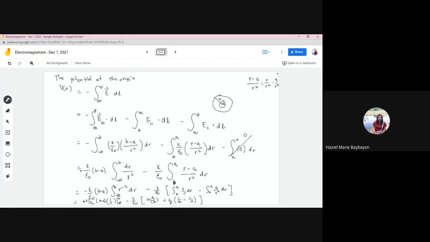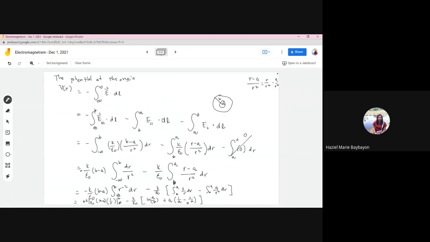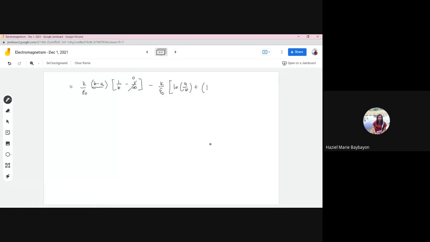Why is it positive, class? It is positive because the integral of this is a multiplied by negative 1 over r. So ln a over b, positive 1, minus a divided by b.